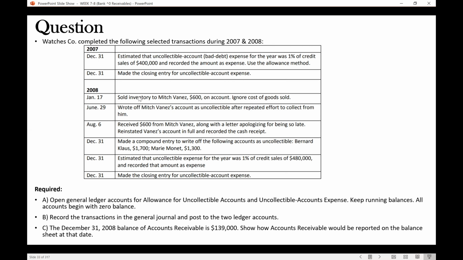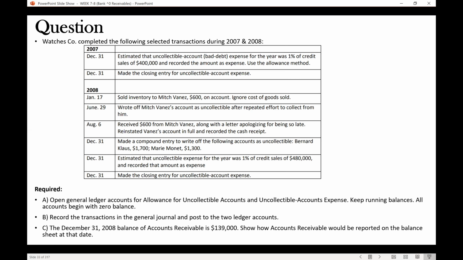On January 17, we sold inventory to Mitch for $600 on account, and ignore cost of goods sold. So we sold goods. What's the entry for that? We sold it on account. So this is on credit. This is now Mitch Vance, an accounts receivable. Accounts receivable is what?